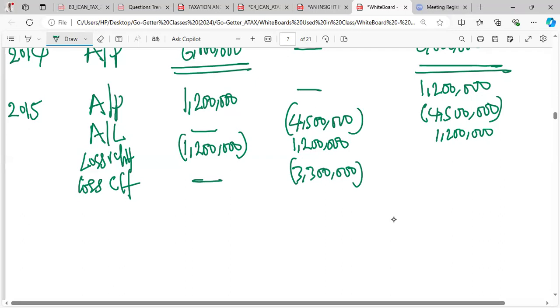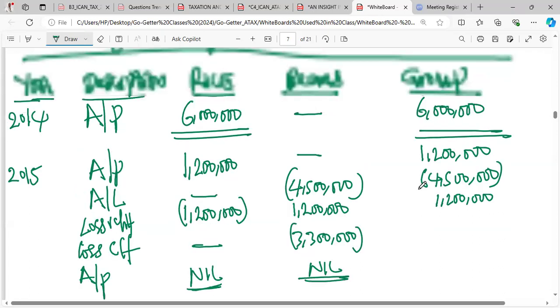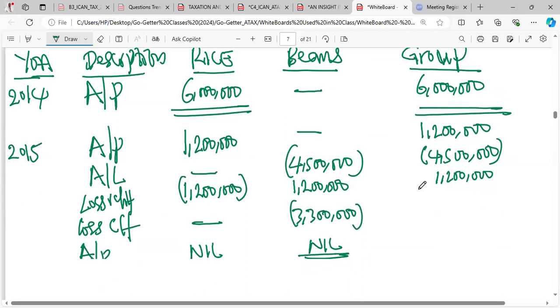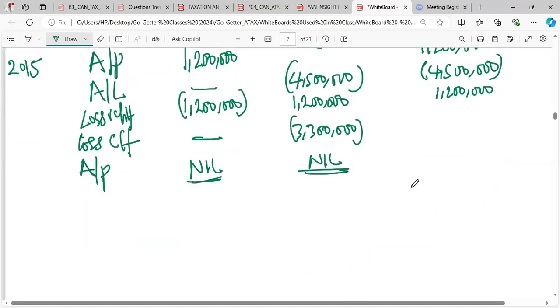Then we have our accessible profit. This is going to be nil, and this is also going to be nil. The group aspect is not needed because we are only seeing rice and beans segments.